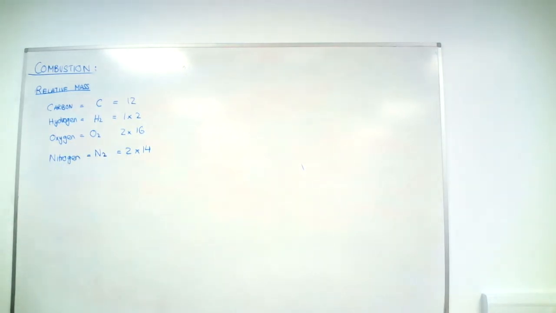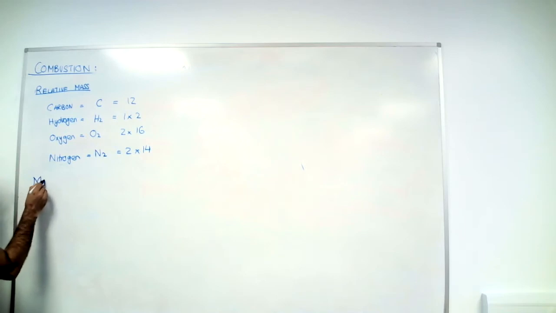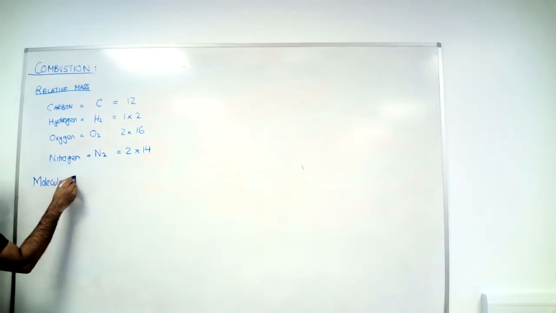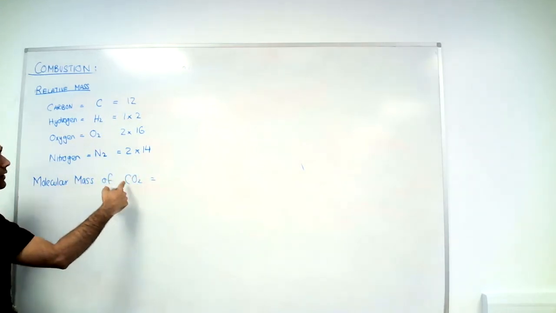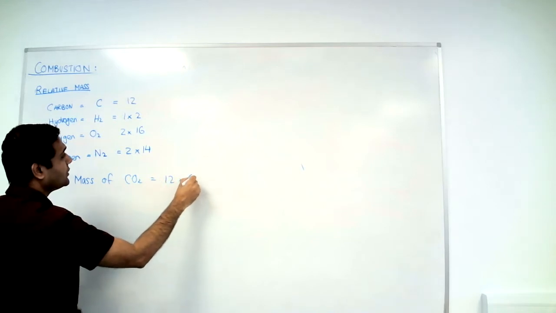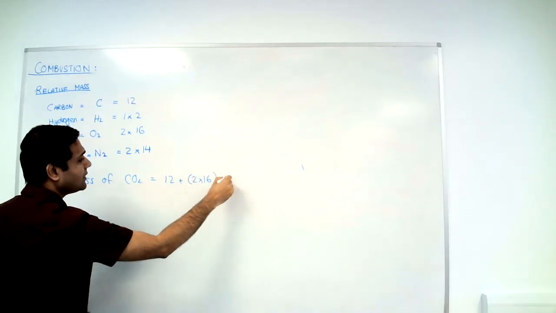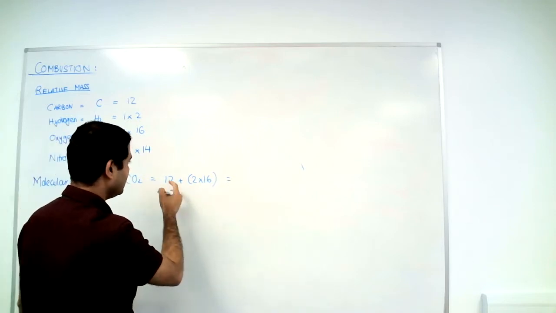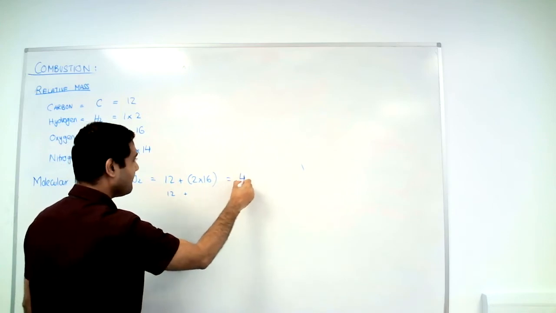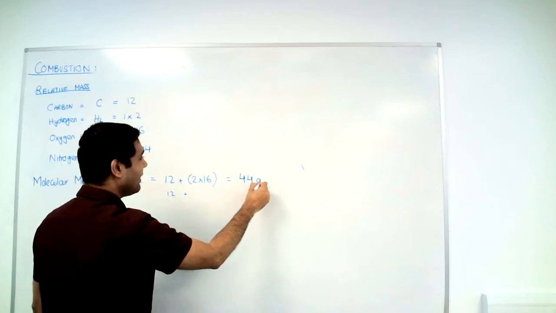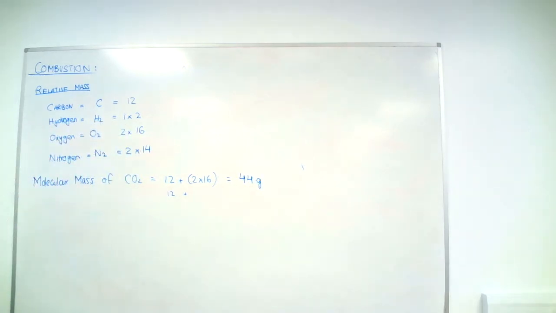If you want to find the molecular mass of, let's say, CO2, there is 1 C, so that's 12 plus 2 times 16, which is 44. So 44 grams, or kilograms, or whatever. This is the molecular mass of carbon dioxide. Units are either grams or kilograms, depending on the case.